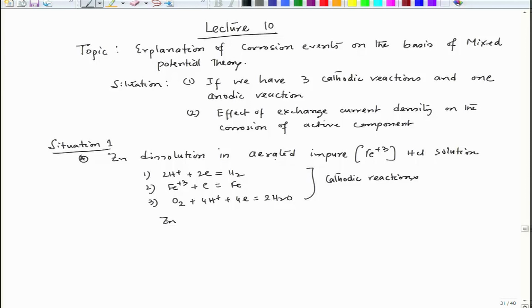Aerated means it is freely aerated, that means dissolved oxygen is there. So, the dissolution reaction of zinc is the one anodic reaction. We have to consider all the reactions over zinc, because that is the only metal surface that all those 3 cathodic reactions will face, as well as of course this anodic reaction.